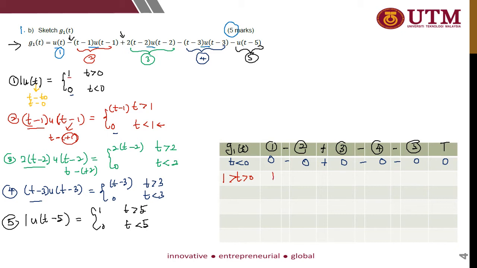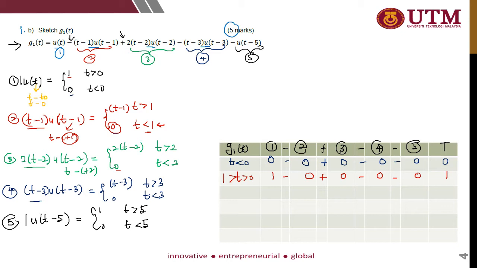When t is larger than 0 but less than 1, the magnitude is still 0. The third component, any value less than 1, is always 0. Same goes for the fourth and fifth. So 0, 0, 0. Don't forget the operation: plus, minus, minus. So you got 1.